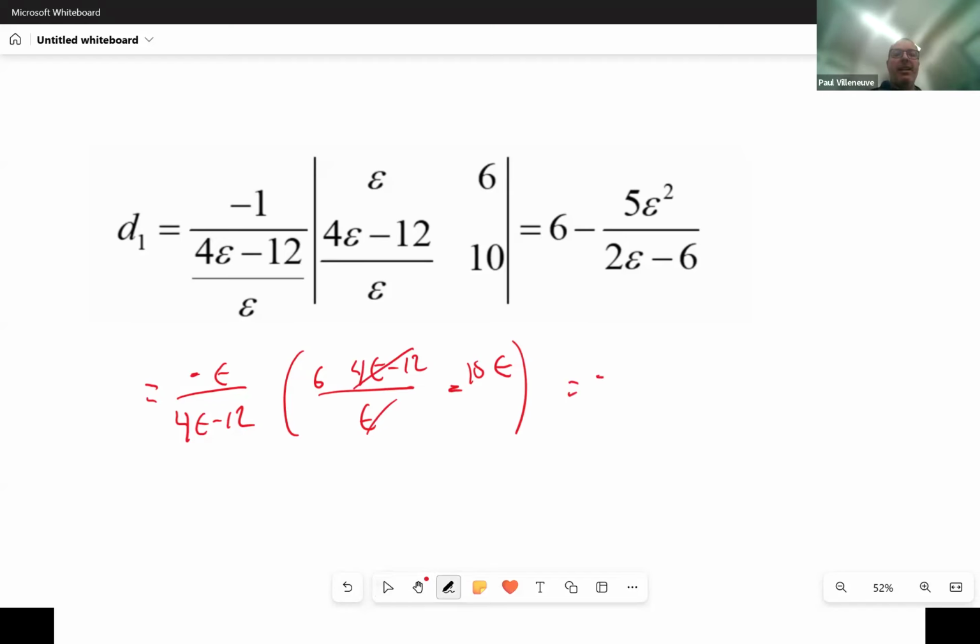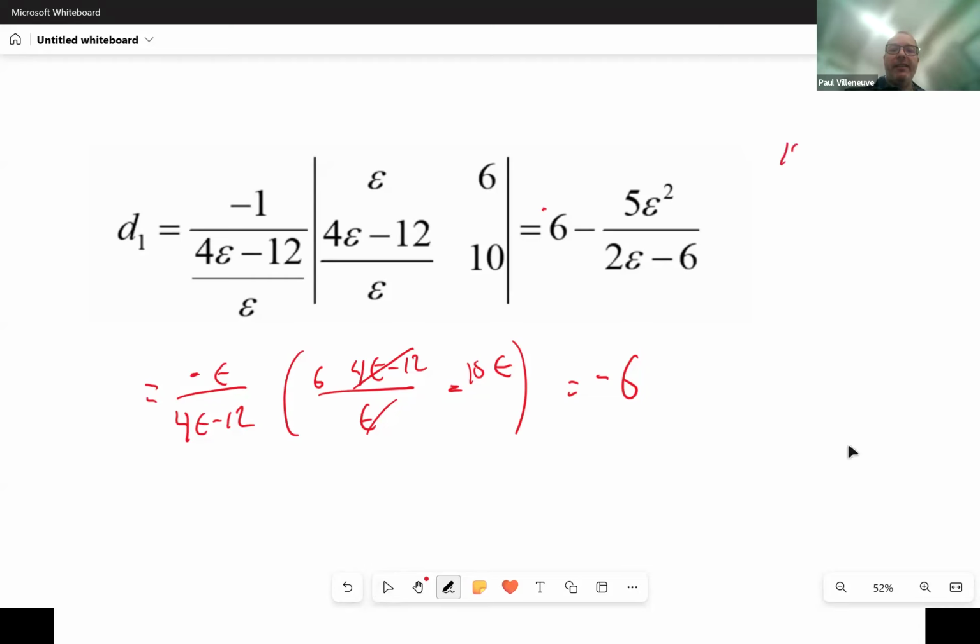So that becomes minus 6. Oh no, was it minus 6 or plus 6? Minus 6, yeah. Wait a minute. Why am I getting a positive 6 here? I think that should be a minus 6 here. Well, let's just continue on and see. So that's a minus 6. And then I have negative 10.